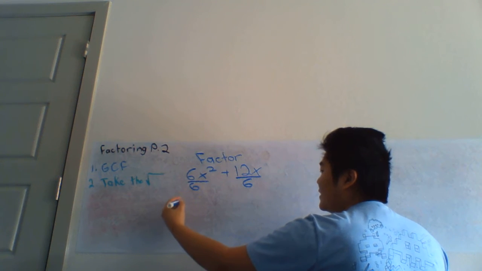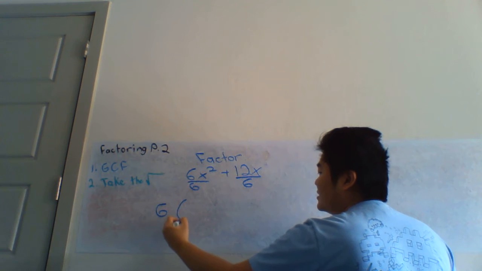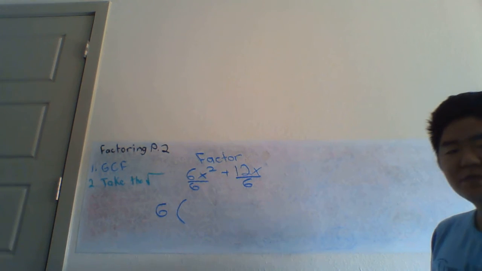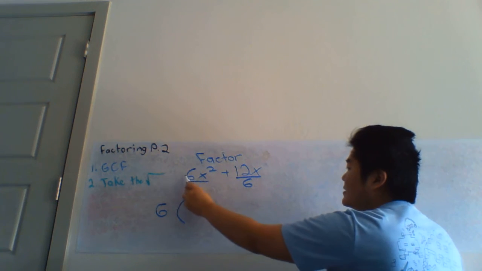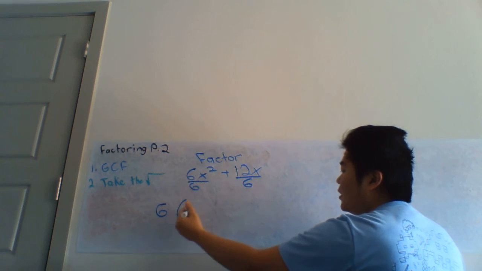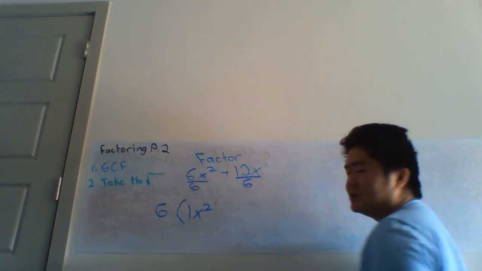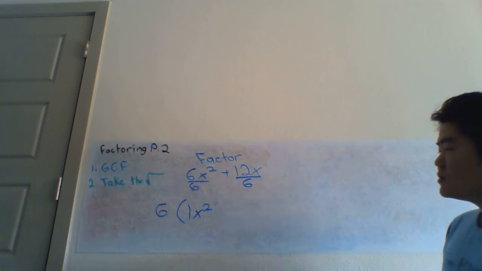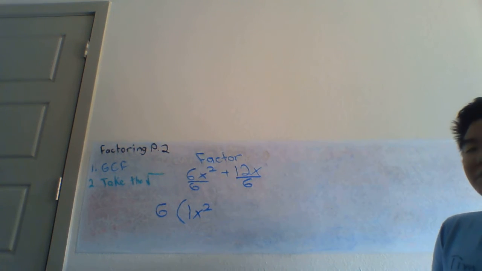So after I divide, I'm actually going to put the 6 on the outside, make a parentheses. 6 divided by 6, that's going to be 1x squared. And then 12 divided by 6, I'll give you guys a second to figure that one out.